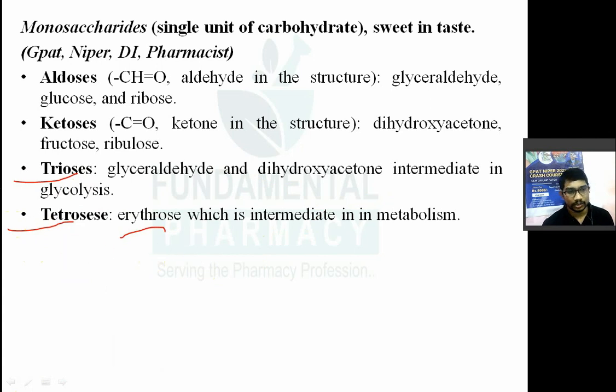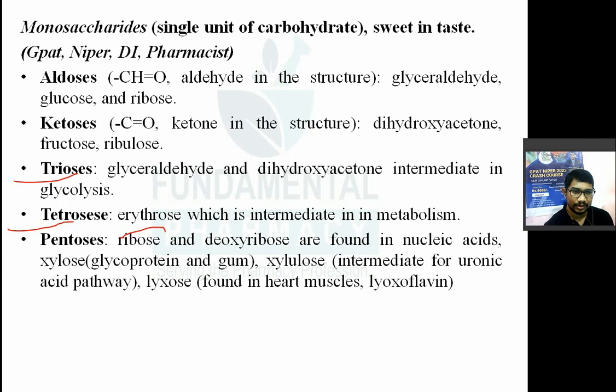Likewise, if a sugar has five carbon atoms it is known as a pentose. So trioses, tetroses, pentoses.